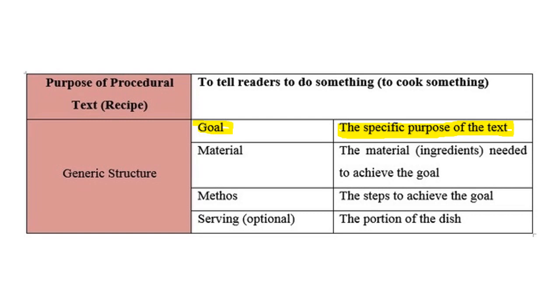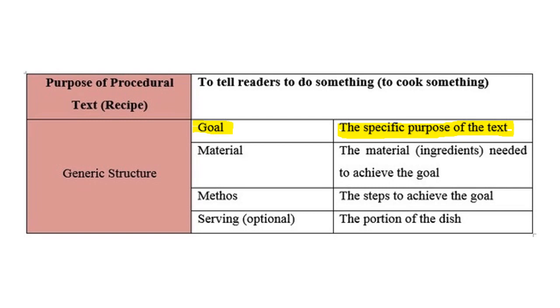Basically, goal itu sama seperti judulnya. Tapi sometimes people can put goal itu dalam bentuk sentence, tidak harus dalam bentuk judul. Okay? So as long as goal itu menunjukkan apa yang ingin kita lakukan, so we call them goal. Okay? Walaupun dia bukan dalam bentuk judul.